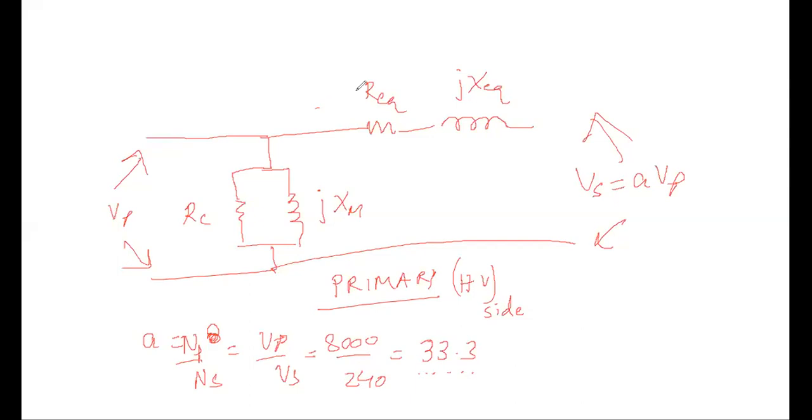So whatever parameters we found from the short circuit test are good for the primary side. So the parameters are 38.427 for R equivalent, and for jX equivalent it is 191.78 j.